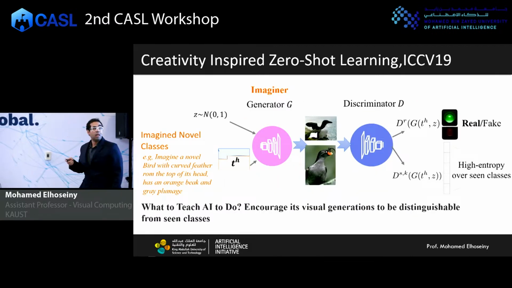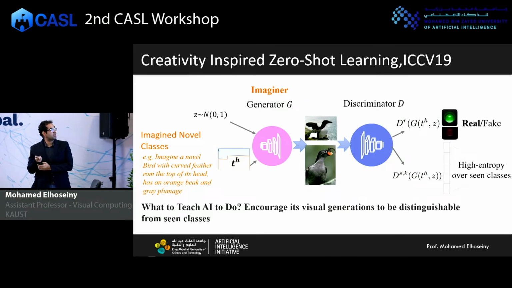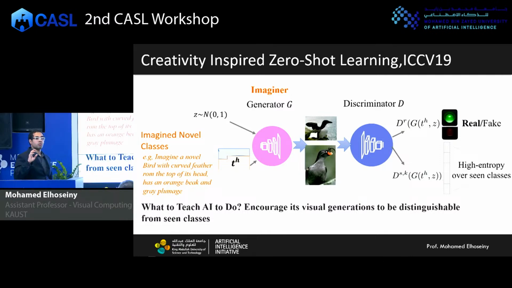So one of the papers that we presented at ICCV 2019 was trying to model this. We came up with a hallucinative function that tries to explore the unseen space of visual generation. Imagine that during training you have access to those 1 million animal species, and you want the model to explore beyond that with a hallucinative function that explores the space that does not overlap with classes I have ever seen.